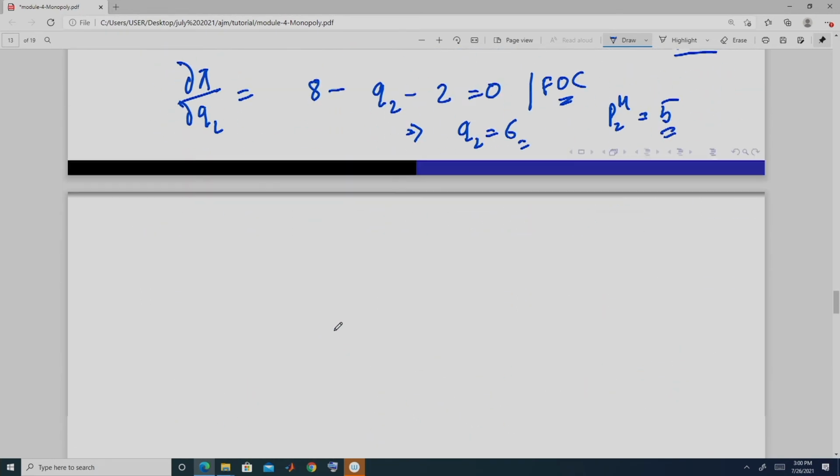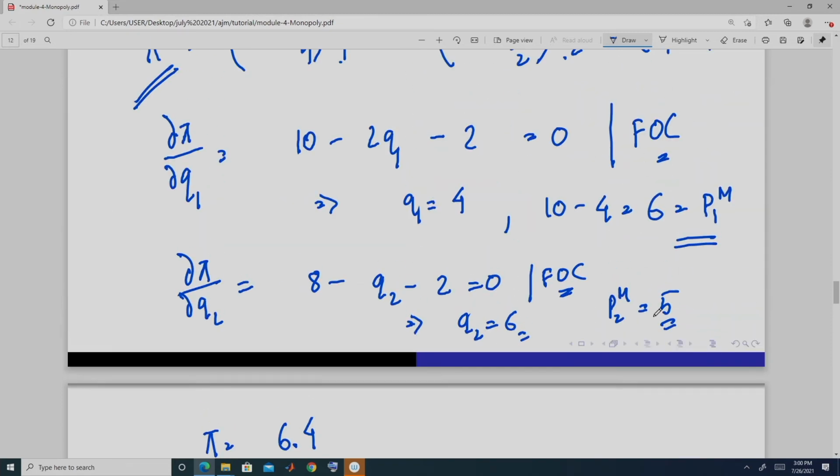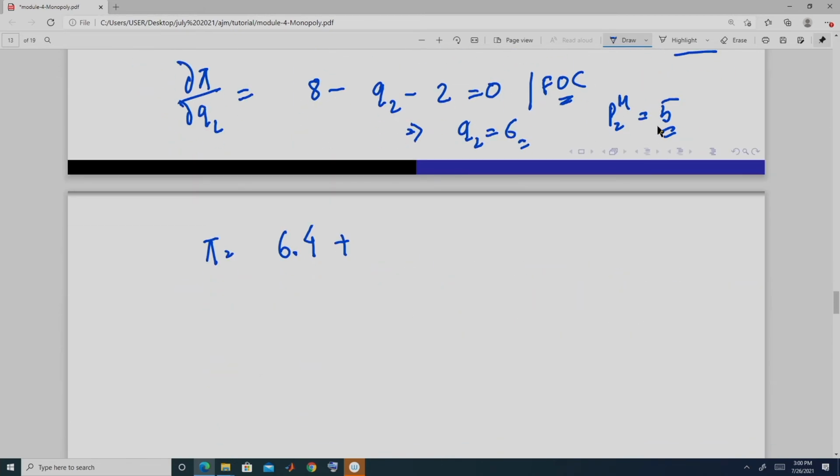So, what is the monopoly profit here now? Monopoly profit is: price is 6 here and output is 4, right, 6 times 4, plus price is 5, output is 6, minus 2 times 4 plus 6.